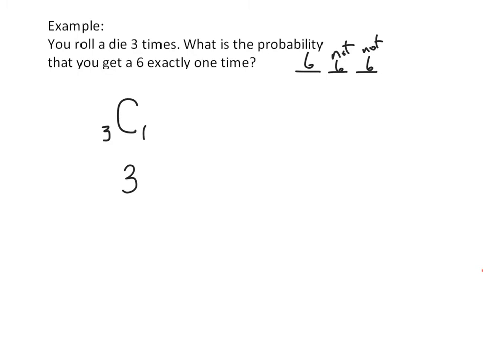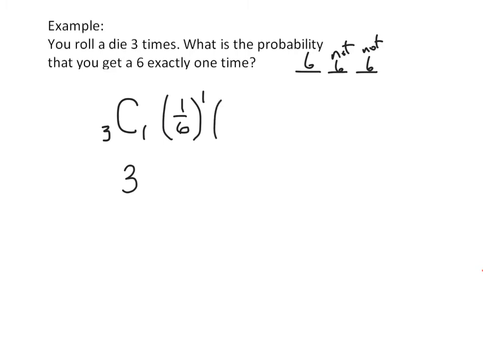It's not important. So now the next thing we're going to do is take how many different ways it can happen that a 6 is rolled 1 time, and multiply it by the probability of getting a 6. So the probability of getting a 6 is 1 out of 6. And again, how many times do we want that 6 to be rolled? Once. And then the other 2 rolls, we want them to be not a 6.